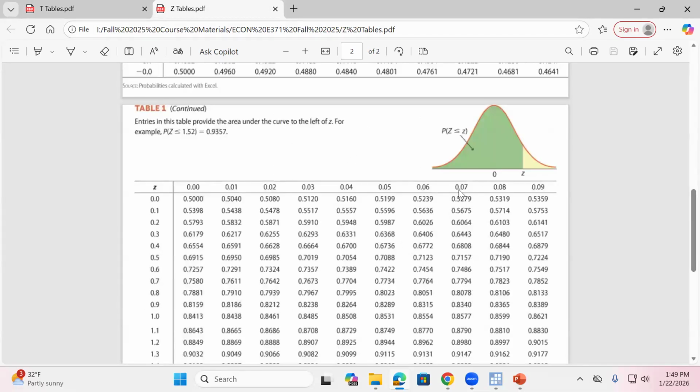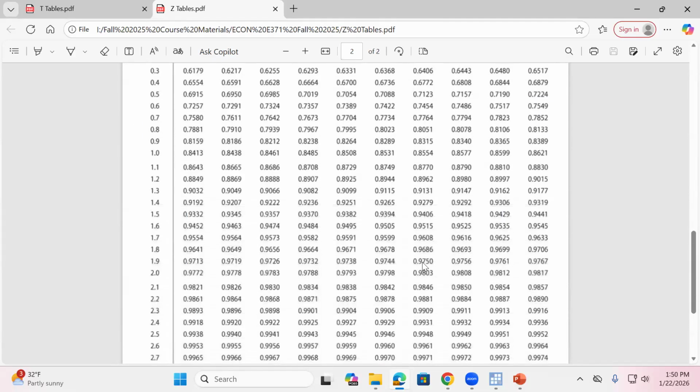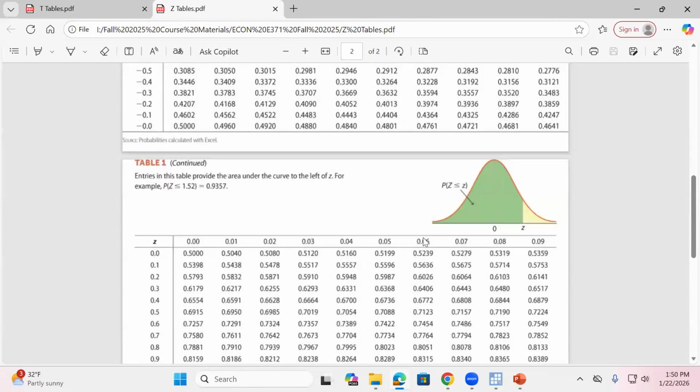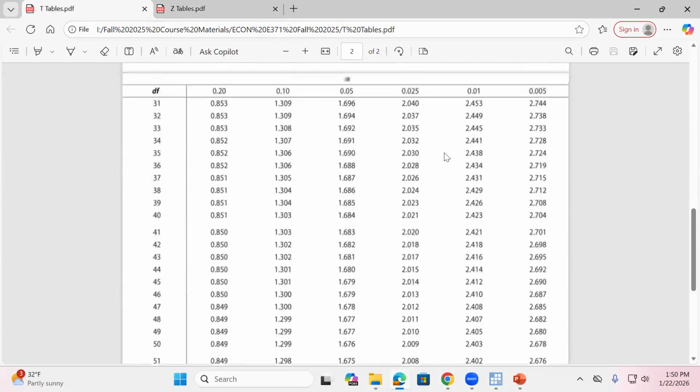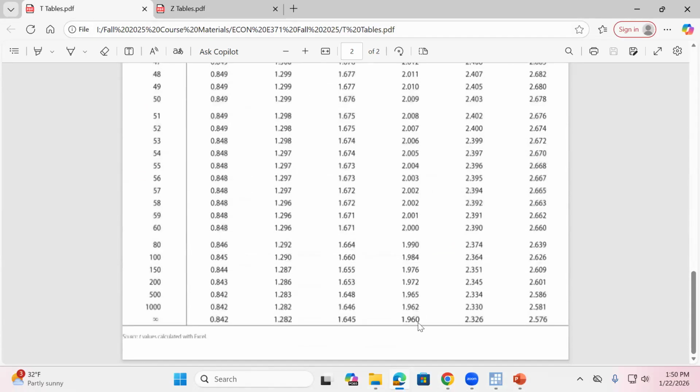So if I want that 0.975, that's the probability I want. If I find it, sure enough, what z-score gives that to me? 1.96. That's the same as wanting that 0.025 probability, same as the t value would be.